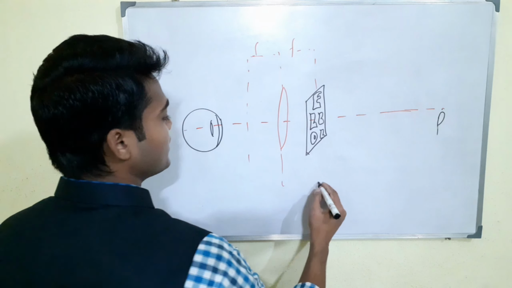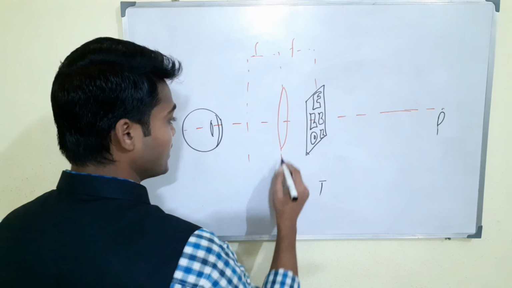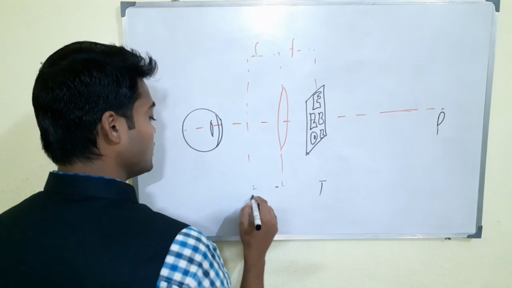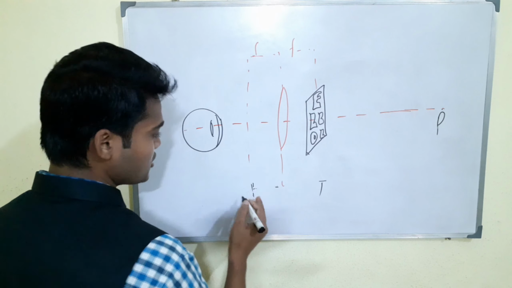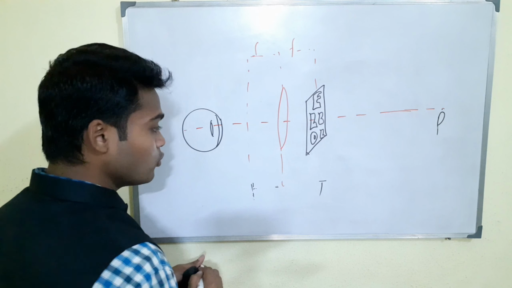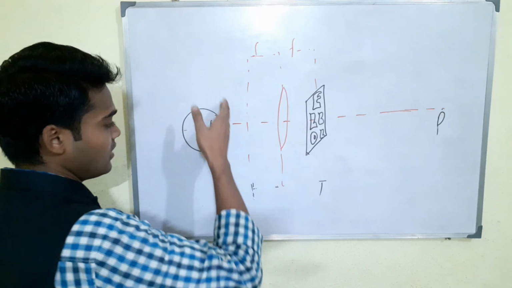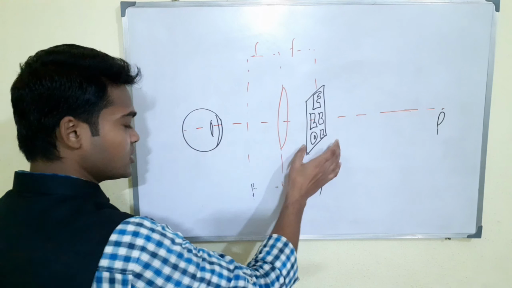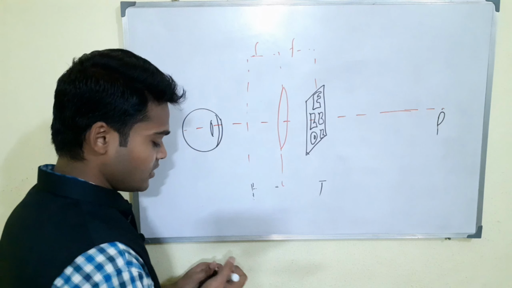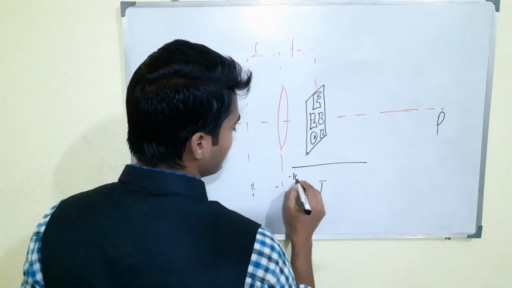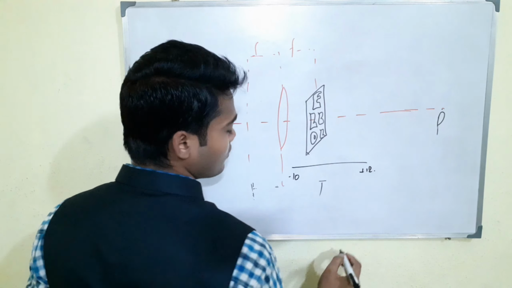So this is the target, this is the condensing lens, a 12 diopter condensing lens, and this is the spectacle plane. By moving the target, we can shift these according to the patient's refractive error. And the range, I already told you, is minus 10 to plus 12.